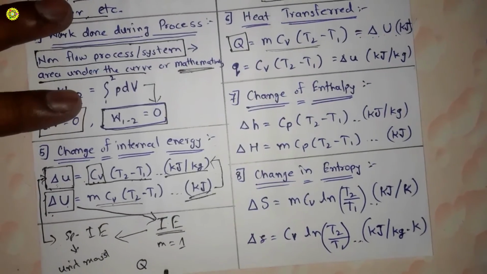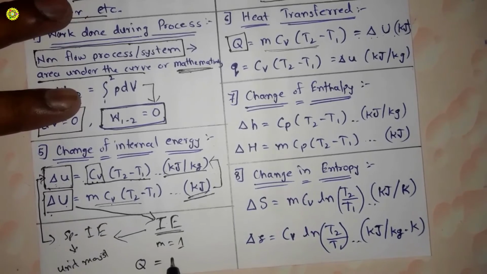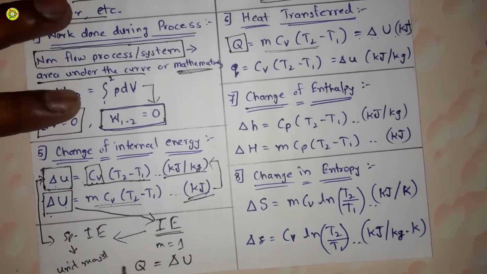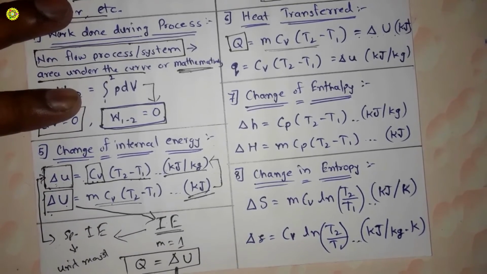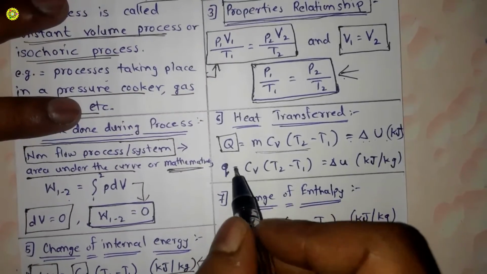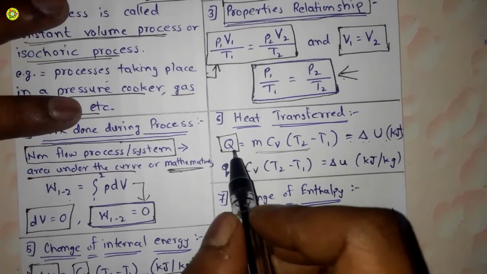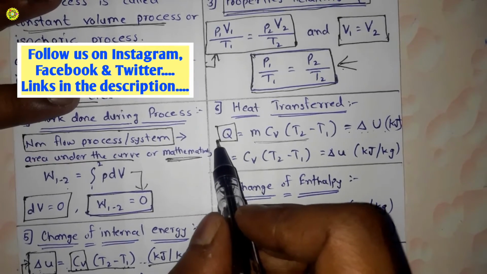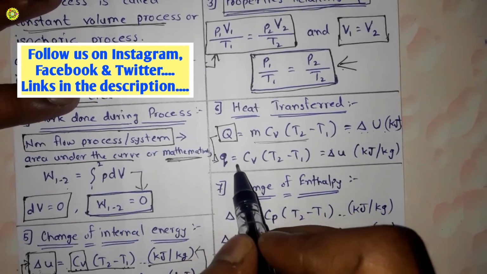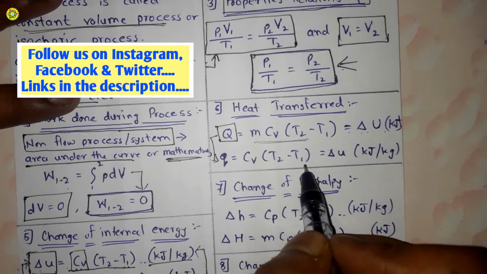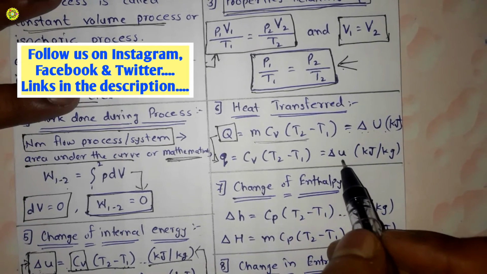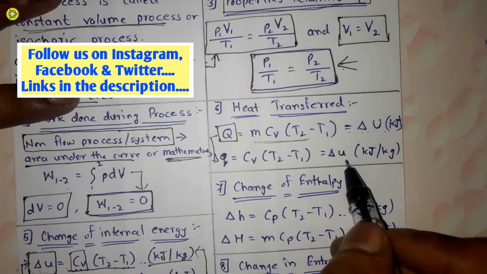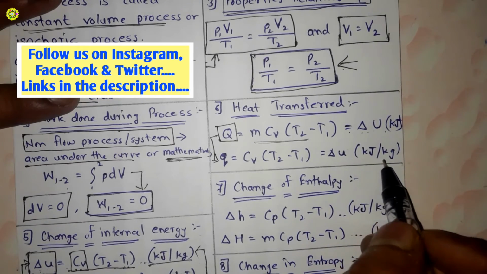Heat transfer is equal to change in internal energy. Now on a unit mass basis, the heat transfer becomes small q is equal to Cv T2 minus T1, which is equal to delta small u, and its unit is kilojoule per kg.